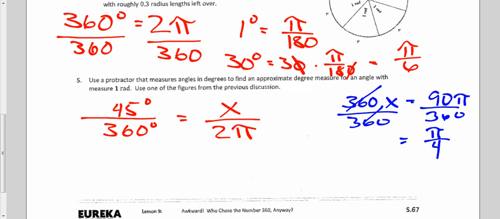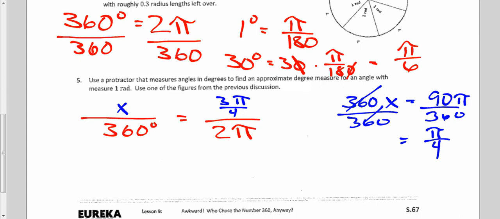All right. Now, let's say this is to convert degrees into radians, right? Now, to convert radians into degrees, that's going to be your x, and this is going to be your radian measure. Let's say 3 pi over 4.